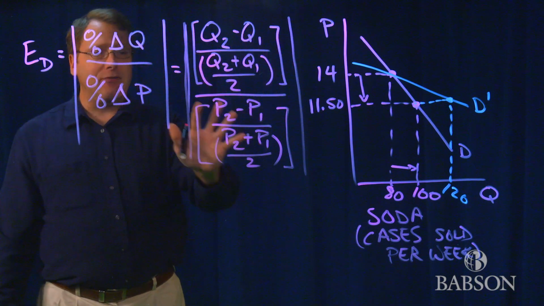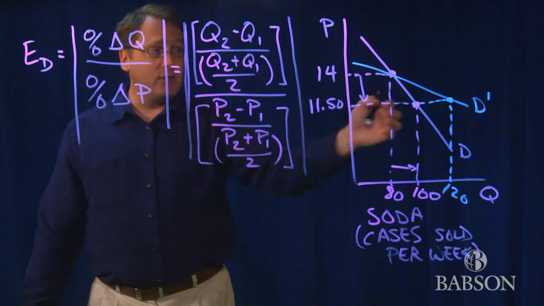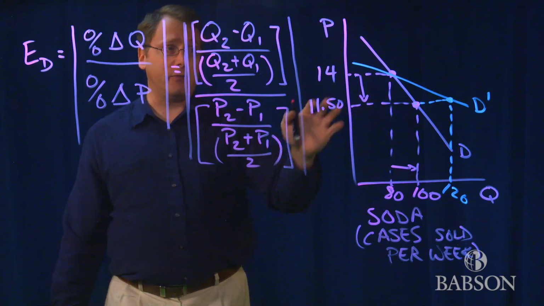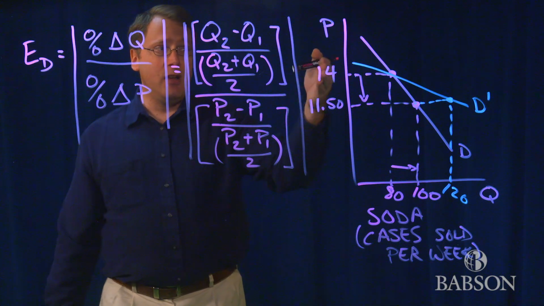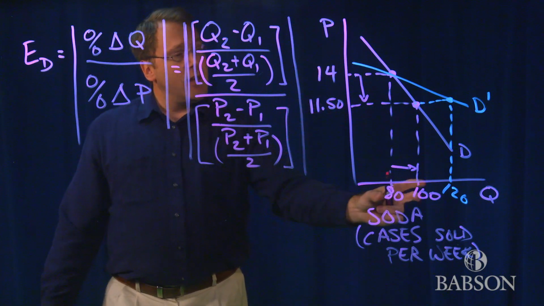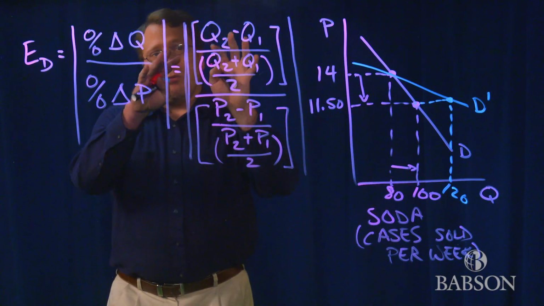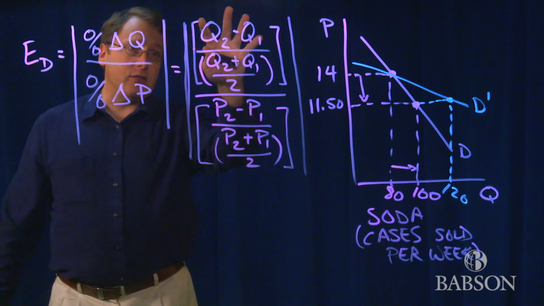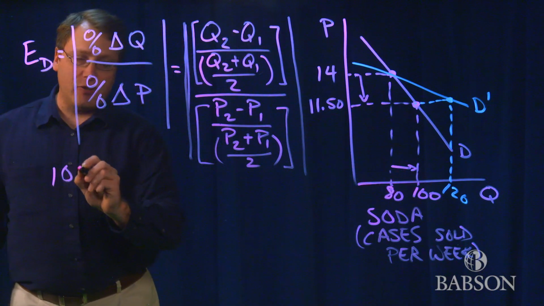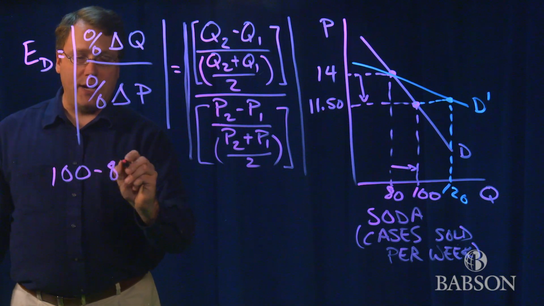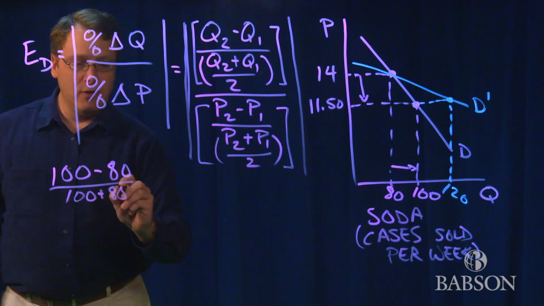So now that we have the formula, we could actually look at doing the calculation using, say, that demand curve that we started with, where we have a price decrease of $2.50 going from 14 to 11.50, and we have an increase in quantity going from 80 to 100. So what would this formula then look like? Well, the change in quantity, we need to start with 100 minus 80, all divided by the midpoint of these 2.